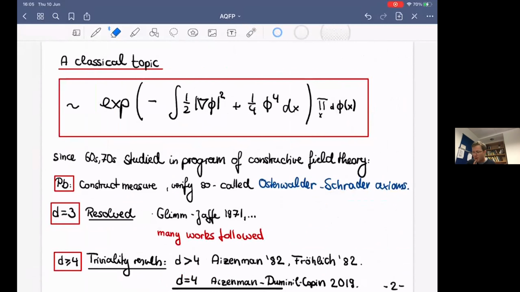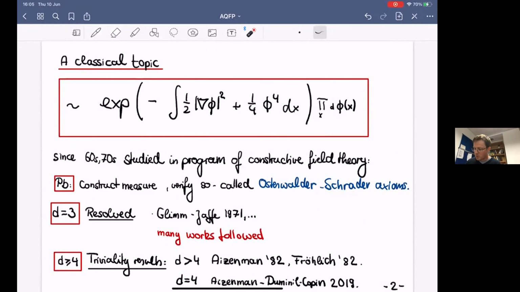Perhaps just as a reminder, this is of course an extremely classical topic that people have been working on at least since the 60s and 70s. There was this huge body of work in the program of constructive field theory that I think many of the other members of the audience have been involved in actively for quite a long time and know much more about than I do.